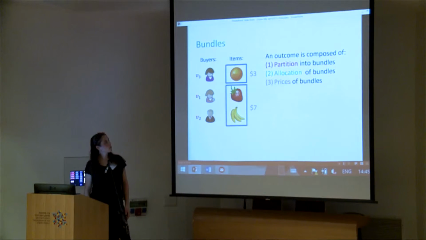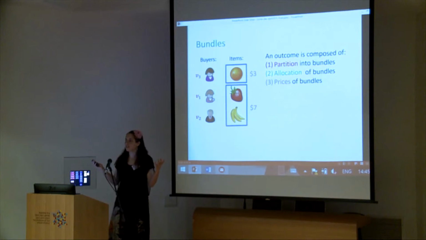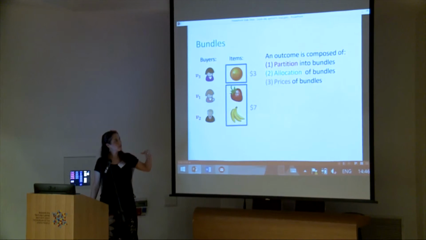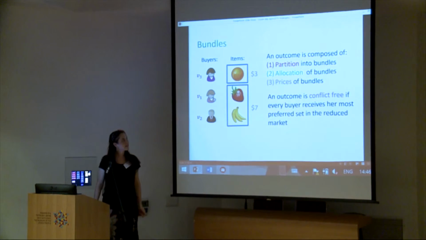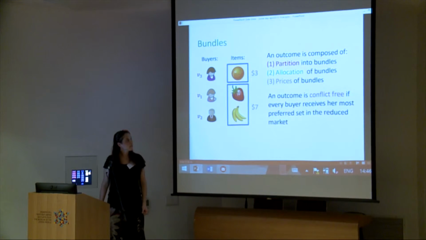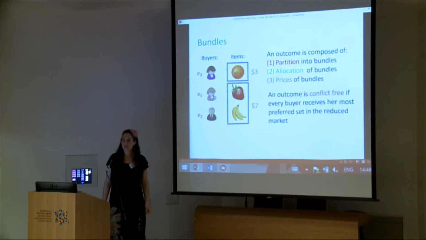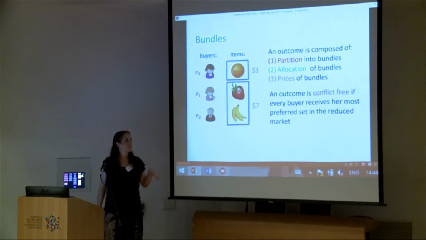So now an outcome is composed of, in addition to allocation and prices, also a partition of the items into bundles. And then once we have a partition, we need to decide about an allocation, what bundle goes to what agent, and what are the prices of the bundles. And we say that an outcome is conflict-free if every buyer receives her most preferred bundle in this reduced market, given the bundles and prices.